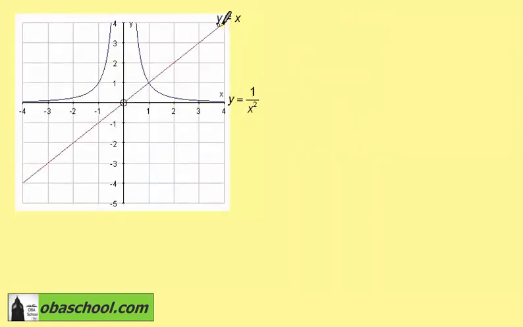Now here we have the graph y equals x and y equals 1 over x squared. The point of intersection is where x equals 1 over x squared. In other words, x equals g of x. Notice that this happens at 1, and this always happens.